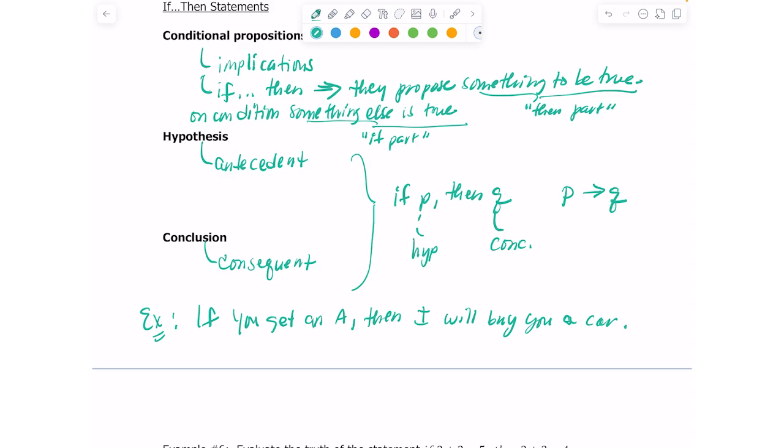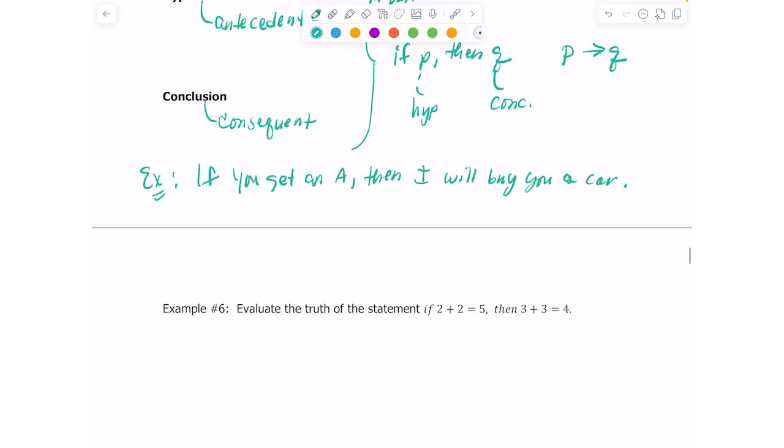Let's make a little table. We've got two statements, P and Q, and we already know how to fill this out. Both could be true. You could have true and false, false and true, or false and false. And then I've got my answer column, if P, then Q.